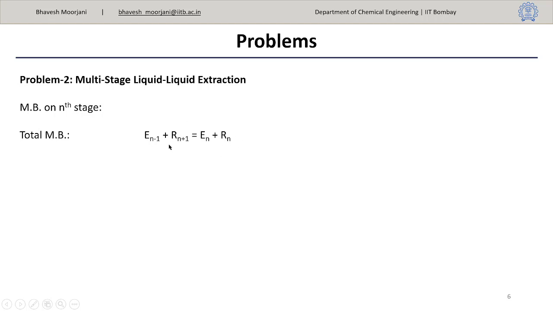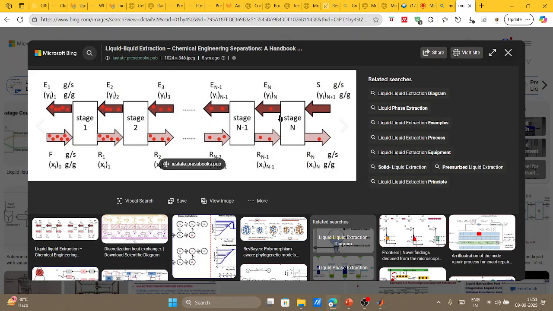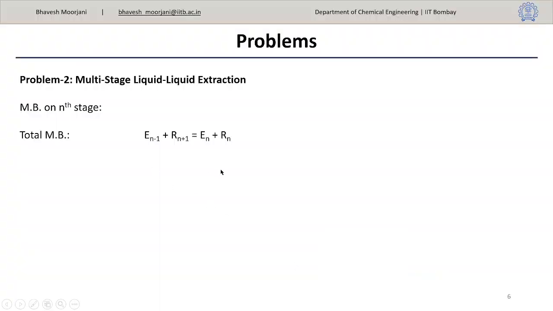My input stream here is En minus 1 and Rn plus 1. So I am considering that extract is coming from the n minus 1 stage from this side and raffinate is coming from this side. So it's a different direction that I am considering. If you consider it in reverse, the notation will change, right? Here the raffinate would come from the previous stage and extract from the next stage, but in my case I am using a different direction, and that's fine. At the end the overall mass balance should not be affected by this.